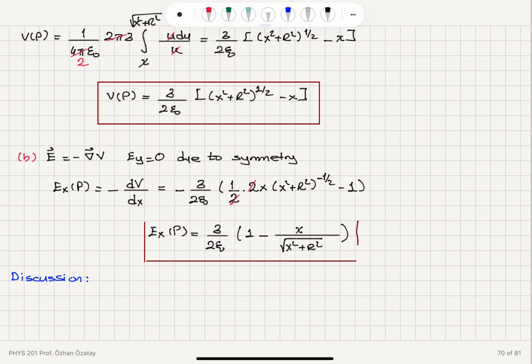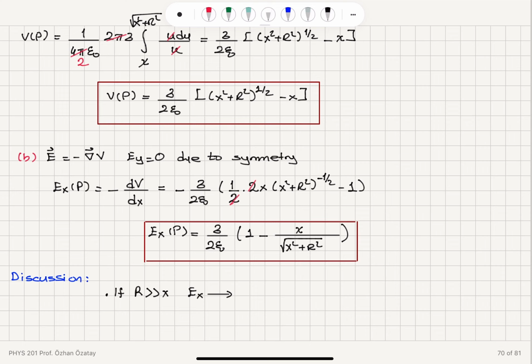So let's see what I can say about some limits for these results. For the discussion part, the first limit I'm going to look at is what happens if the radius capital R is much greater than x. You can see that the x component of the electric field in that case will become sigma over 2 epsilon 0. Why?